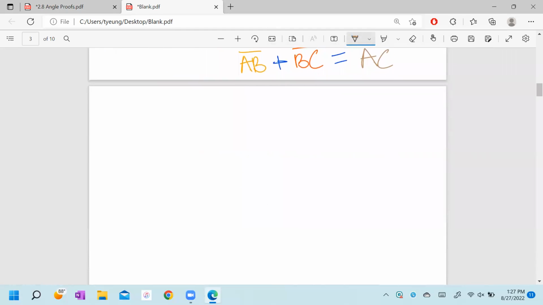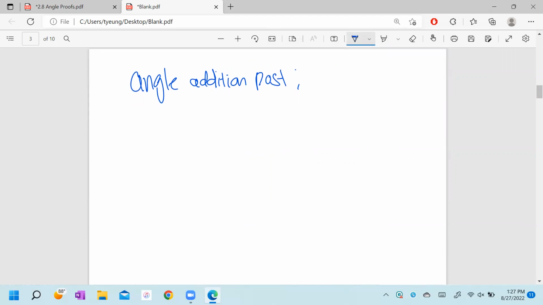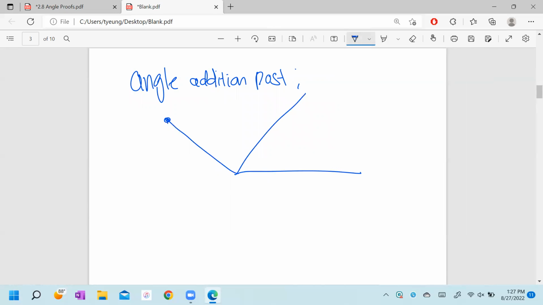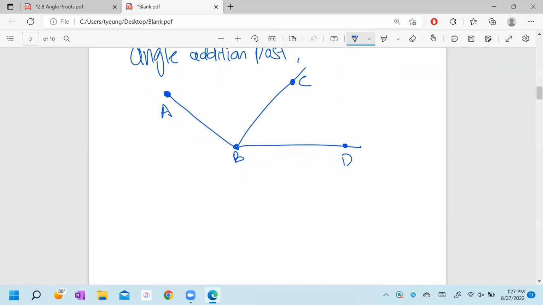The last thing on our notes for today and for this review is our angle addition postulate. This just says, doesn't matter what type of angle you have, and let's label this A, B, C, D, right?